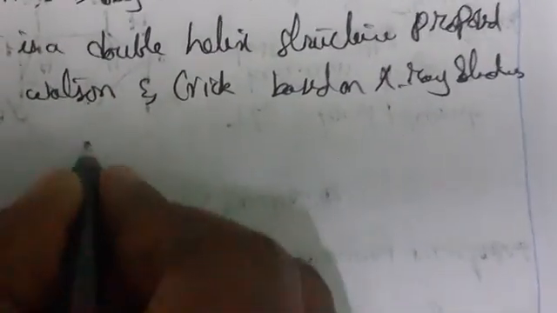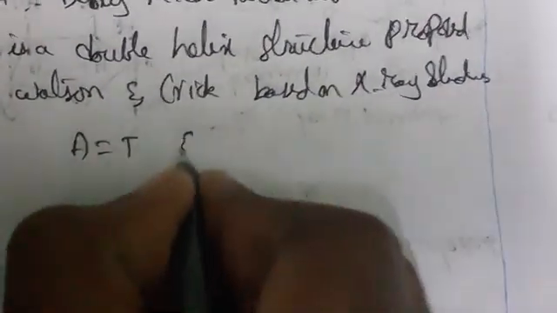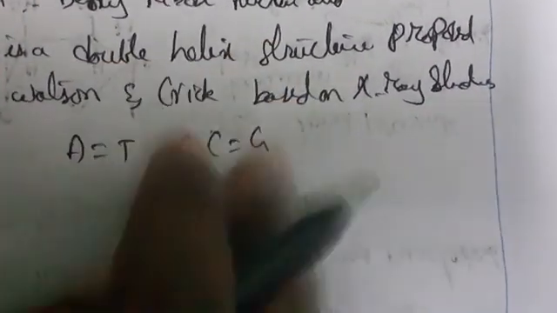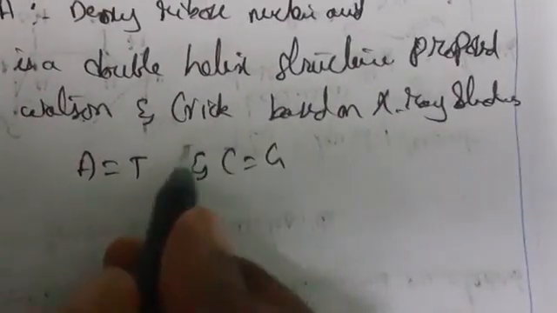It is like a spiral cord. If you observe here, it is like a spiral cord. It explains base equivalence and the duplication of DNA. In all species it contains A equal to T and C equal to G. So the total amount of purine is equal to the total amount of pyrimidine.